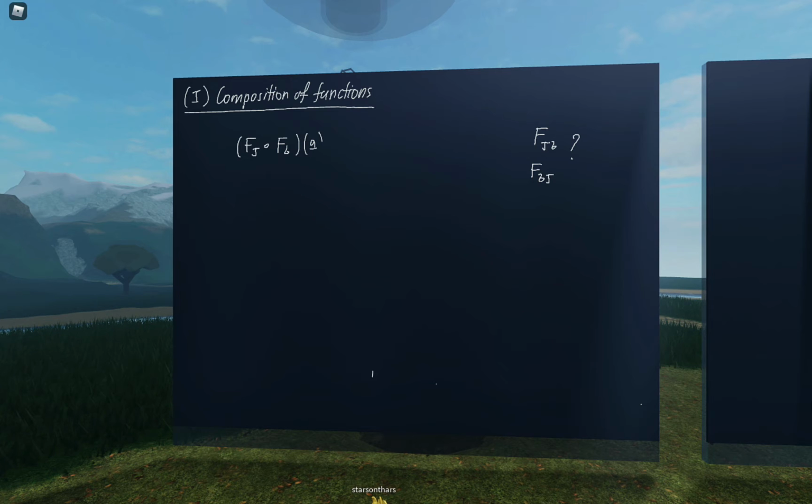Well, let's do a calculation. Have a guess if you beat me to it. So f tau f sigma of A is f tau of that. Now what does f tau do? It takes the entry in position tau 1 and sticks it in the first position of the tuple. And if you think about what's in position tau 1 of that sequence, it's A sigma tau 1.